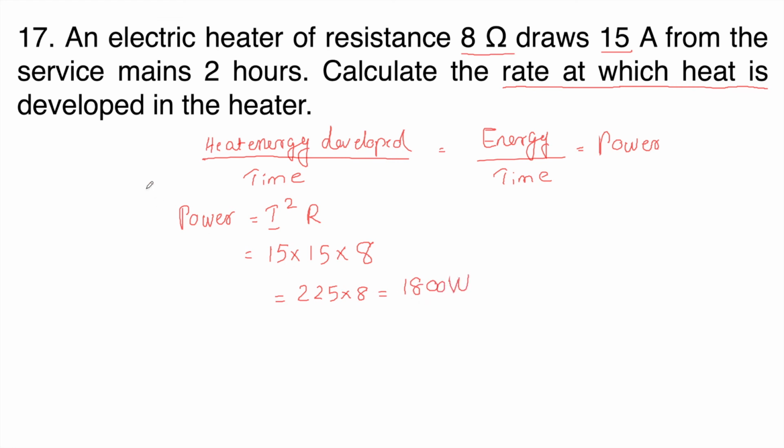Okay, don't calculate the time here, I square RT. It will be a mistake. The rate at which heat means rate at which energy, that is always power. So you should calculate the power using the formula I square R. If you are using the formula I square RT, you will get the heat energy only. It will be wrong. So always take care of this.